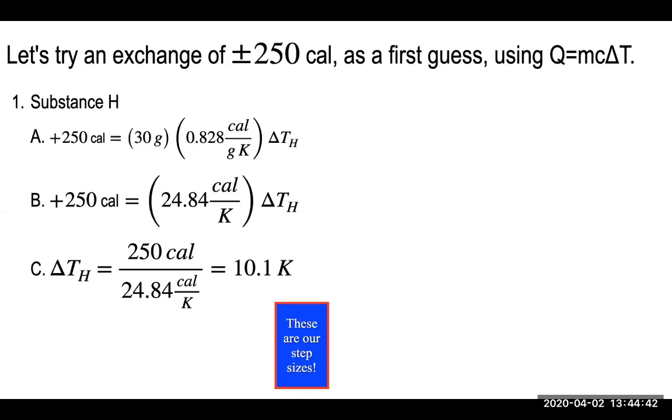Notice that the calories cancel out in that quotient, and the denominator has a denominator, Kelvins, so that flips into the numerator. Then you have 250 divided by 24.84, and that works out to about 10.1 Kelvin, right? So when you exchange 250 calories, H warms up by 10.1 Kelvin.